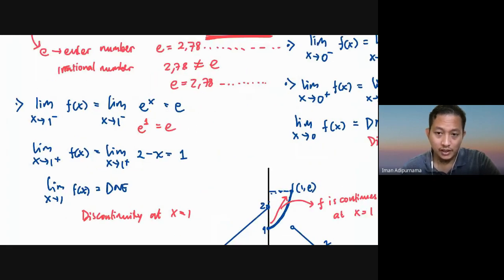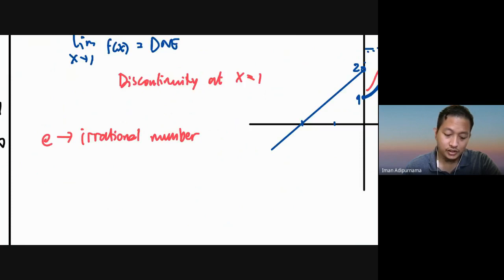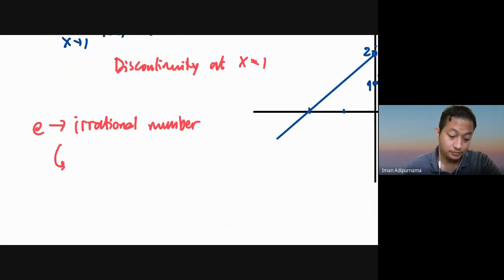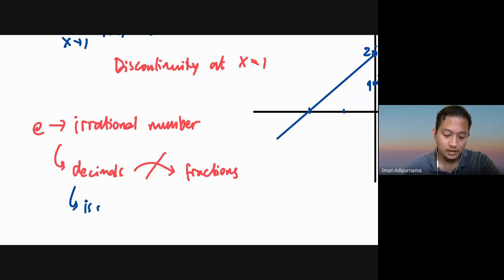So e is an irrational number. Irrational number means you have decimals, but you cannot put your decimals into a fraction. Why? Because the decimals never stop.